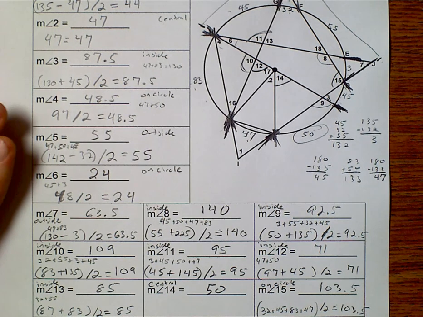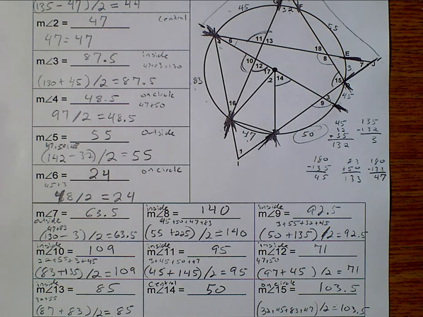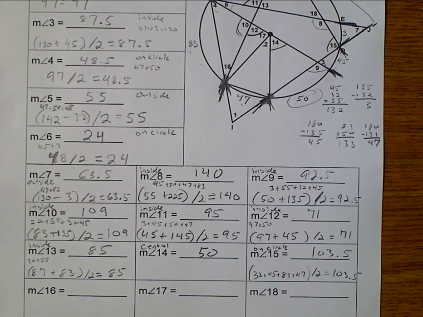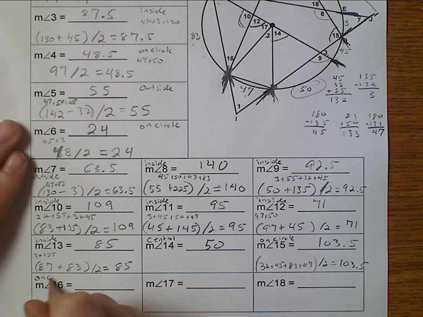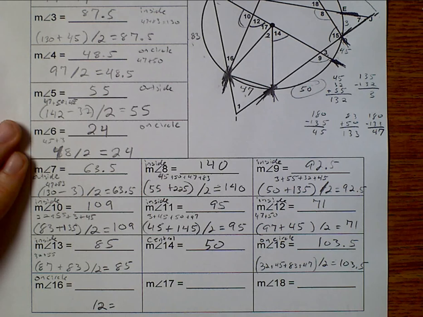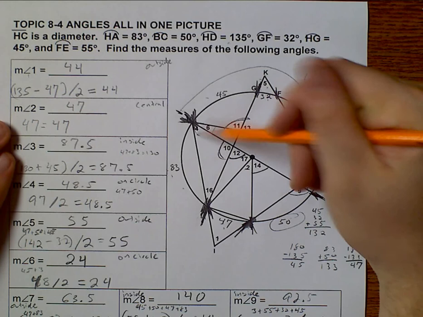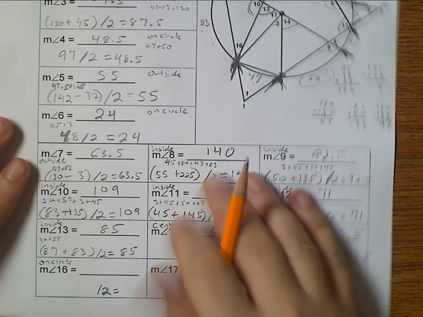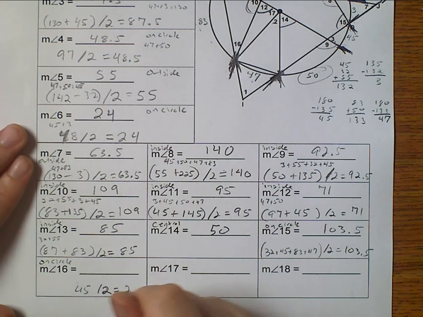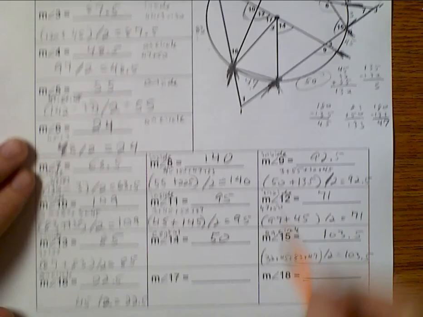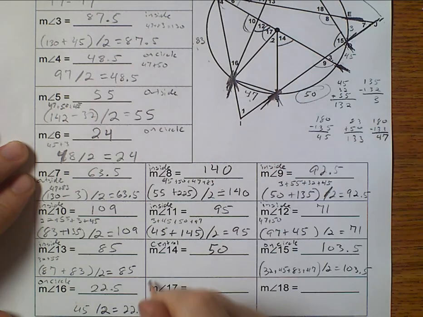Now for these last three, I'm going to have to cover up my circle just a little bit so that we can kind of squeeze those in. The measure of angle 16, well, that's on the circle. So it's going to be half of whatever we need to add. So 16, we look at here, it goes from here to here, so that's just the 45. And 45 divided by 2 is 22.5. Angle 17, that would be a central angle.